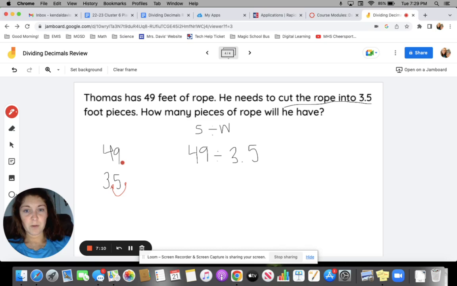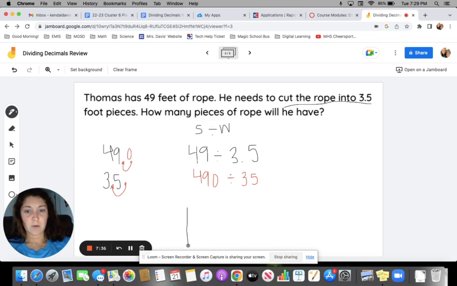For my whole number, 49, I have to place a decimal at the end, move it out one place. Because I have an empty egg crate, I have to lay a turtle egg, or lay a 0 there. So now I have 490 divided by 35. That's the new problem that I've created, and that's the problem that I'm going to use for my box method.